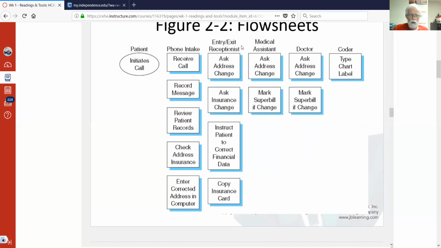So the receptionist will make sure that all of this information is taken in. The MA will ask many of the same questions, and will mark the bill that they have, and then the coder will do the charting and the labeling.